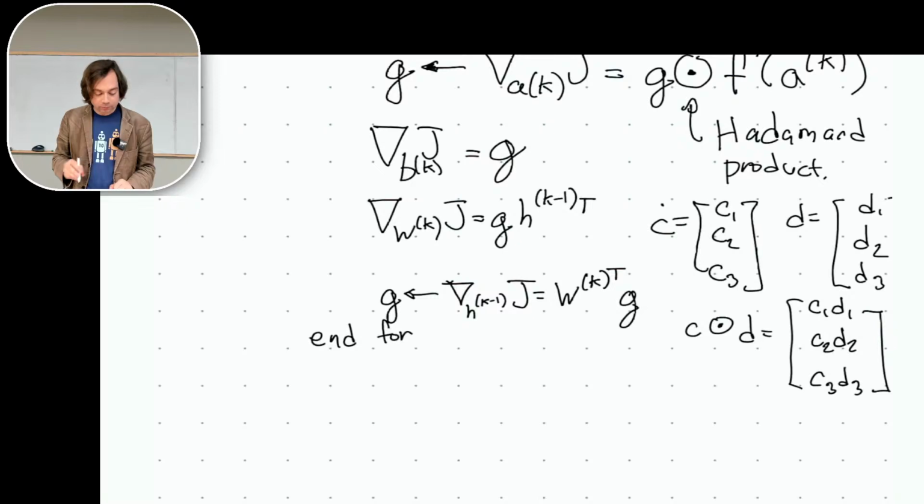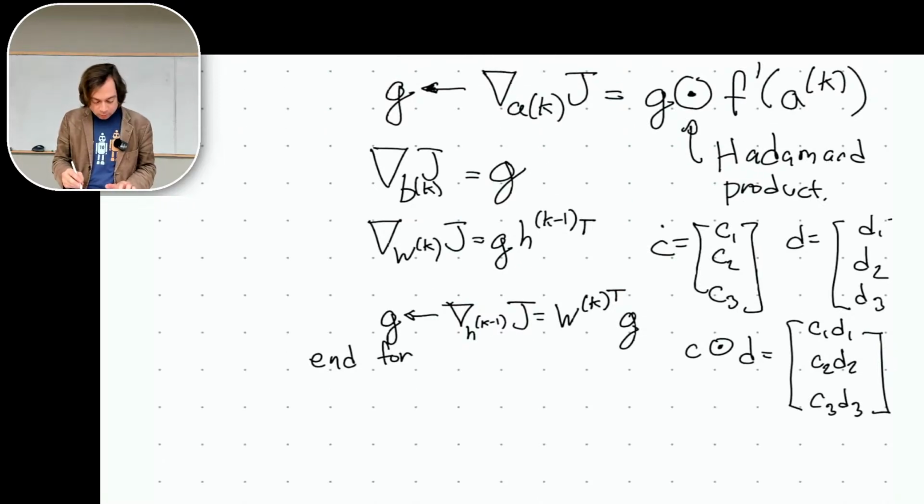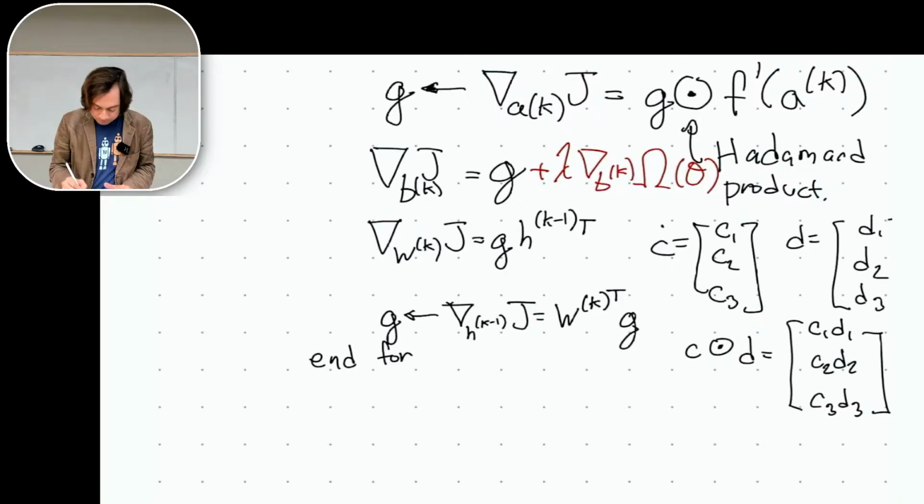Now there are regularization terms as well. I'll add those in just for completion's sake. We're going to say plus lambda gradient of b k of some capital omega of theta.